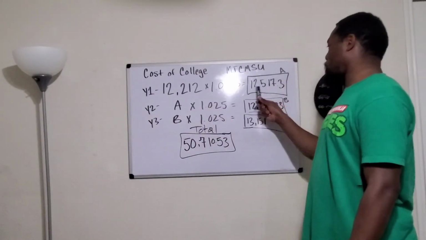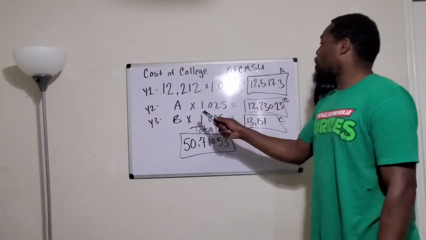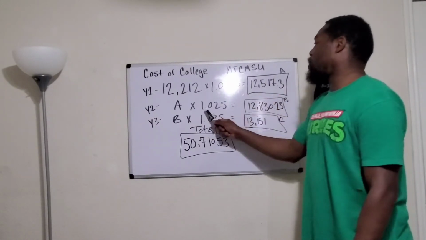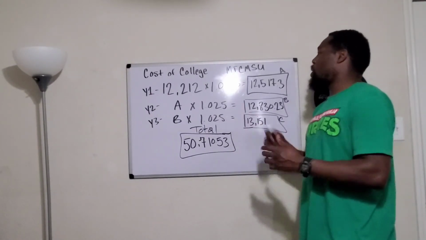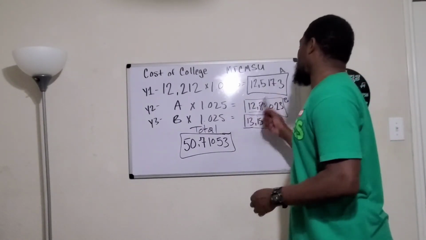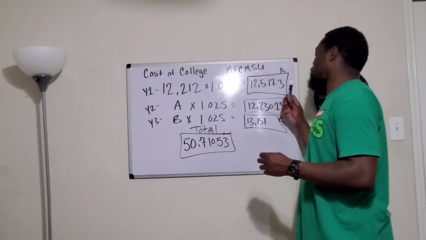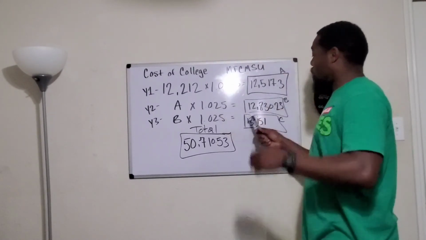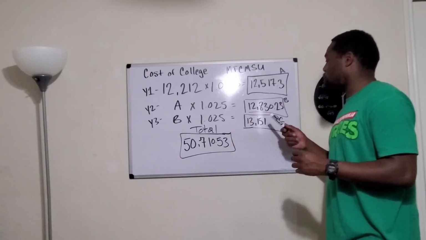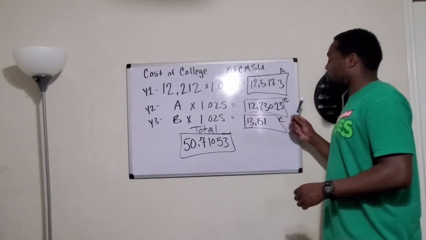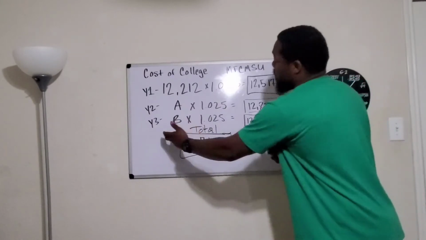I just put A so you know that's what A equaled. And I took my A and multiplied it by my same percent increase here. I multiplied that $12,517.30 by that, and I got $12,830.23. That was our B.